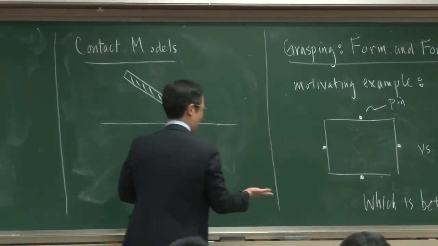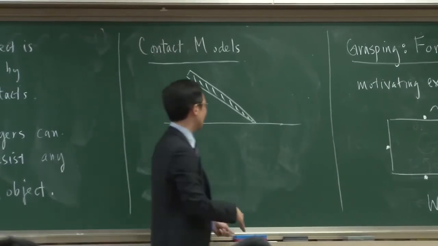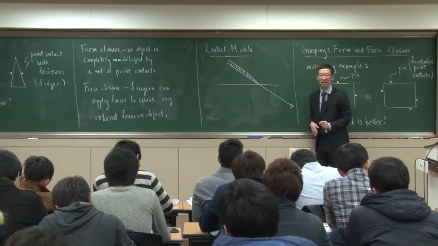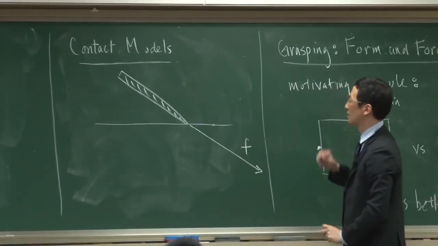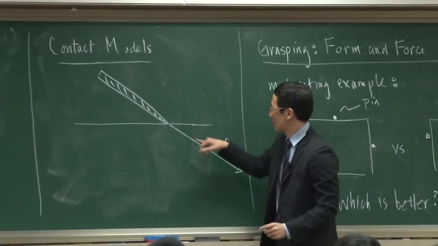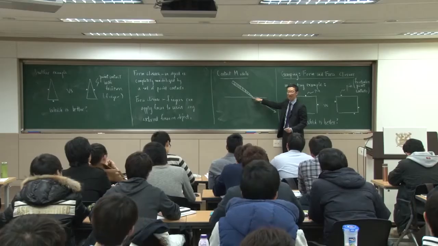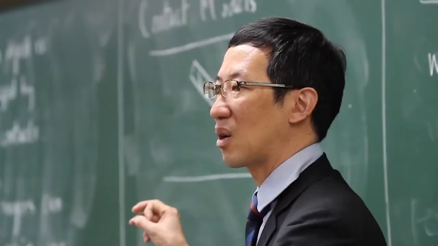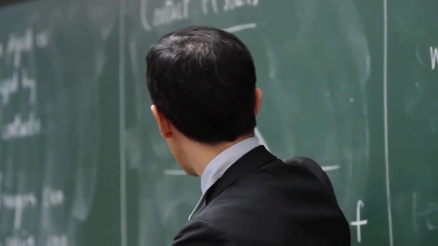It's pressing against the table, angled like this. So there's a force being applied that way. Let me call this force F. Now, if there's friction at this contact, then the Coulomb model for friction says that the friction force is proportional to the normal force.